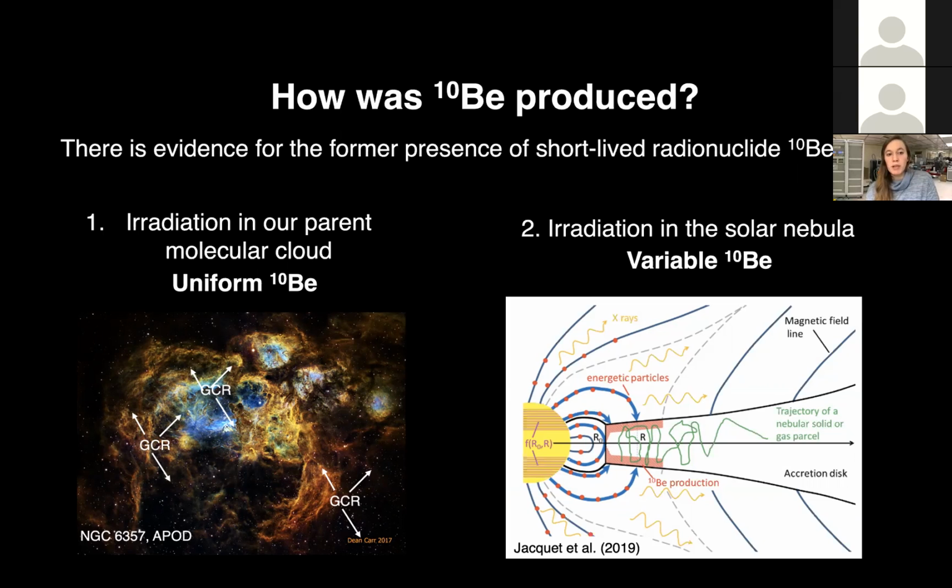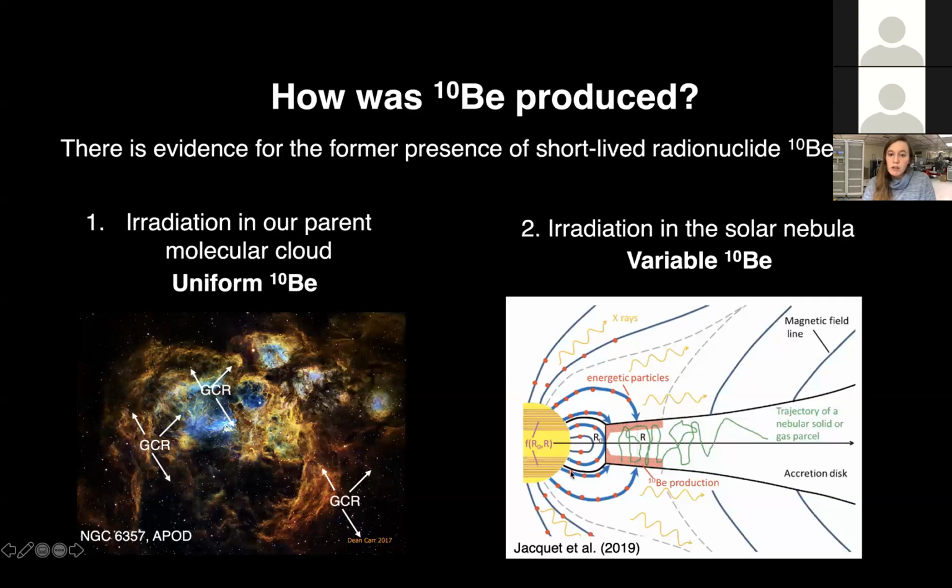And when the molecular cloud collapses to form the solar nebula, this beryllium-10 is inherited and also mixed when it's collapsed into the cloud. So here we would expect there to be a uniform amount of beryllium-10 in the solar system. And so if we find that most CAIs have the same amount of beryllium-10, then we would probably go with this scenario.